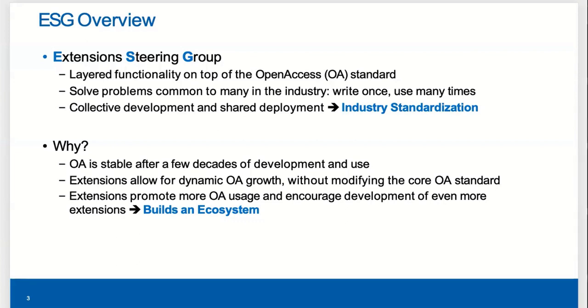That allows for dynamic growth without having to touch the standard, since it's layered on top. In addition, the extensions promote additional open access usage and encourage development of even more extensions. And so that works together to build an ecosystem. I'll share a little bit more on that in the next slide.